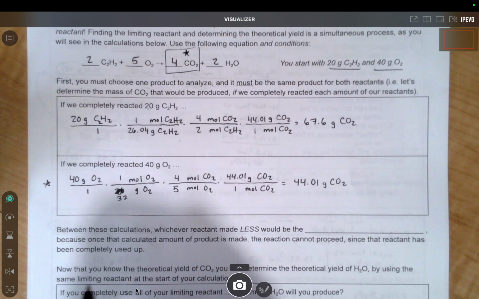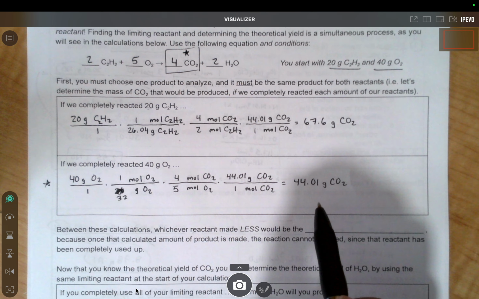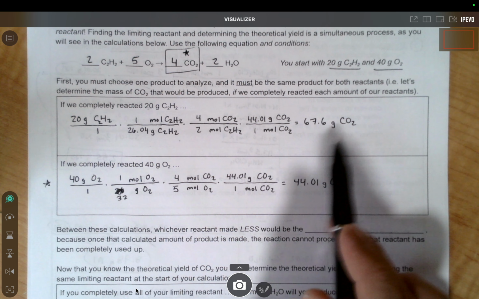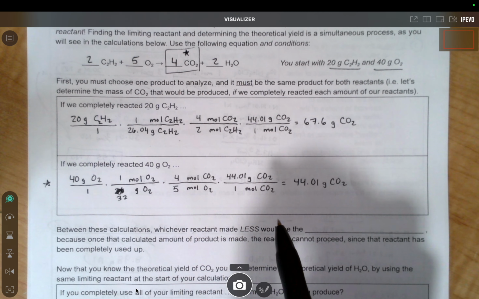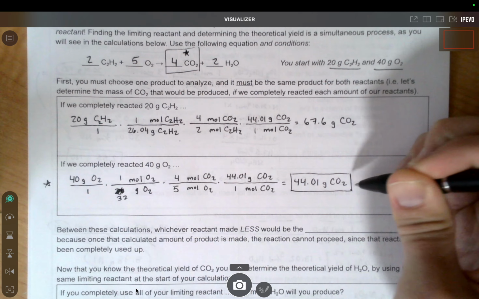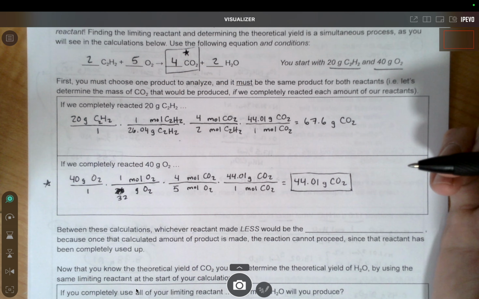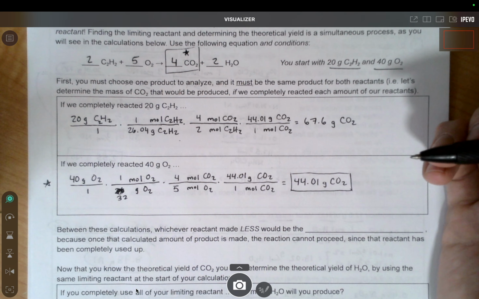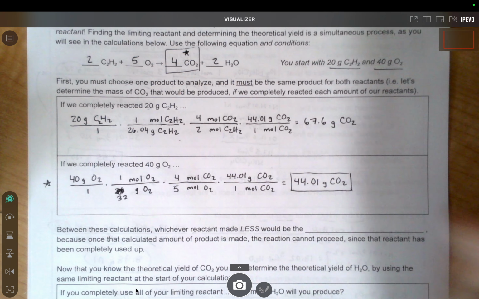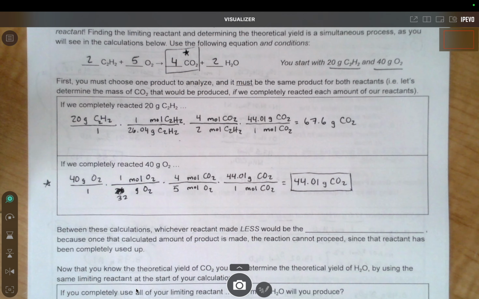Oxygen will limit the reaction, because 40 grams of oxygen can't make as much as the ethyne can. Meaning, by the time we've produced this much CO2, we ran out of oxygen. It's over. We can't continue making more CO2 because there's no oxygen to make that happen.